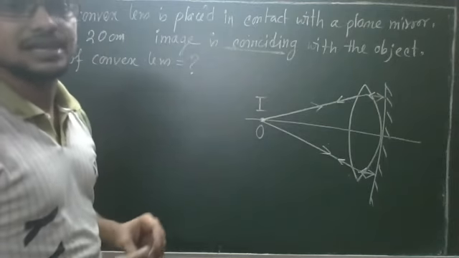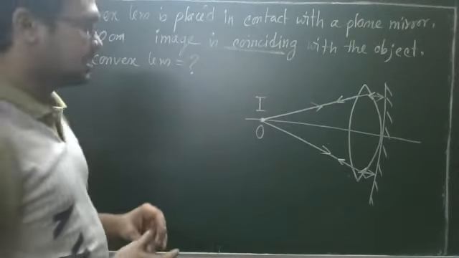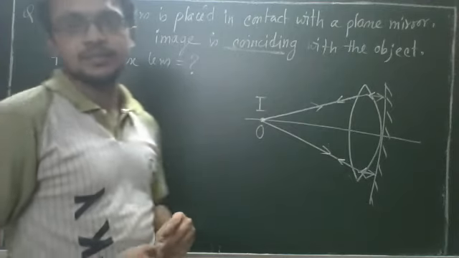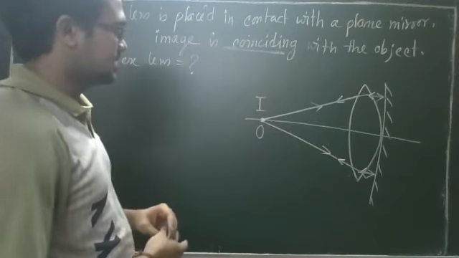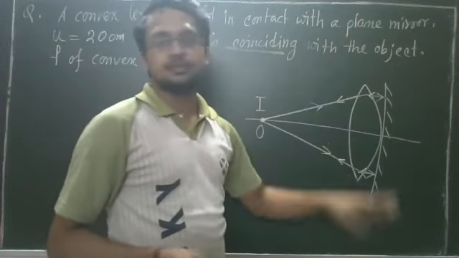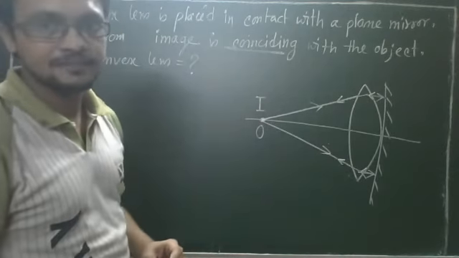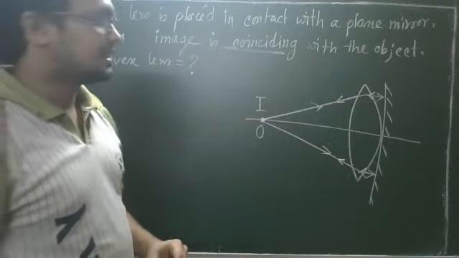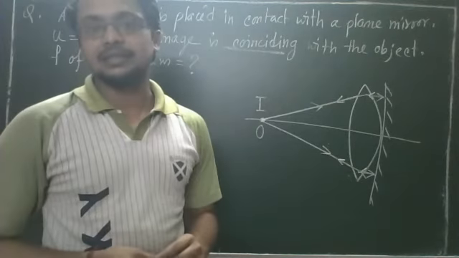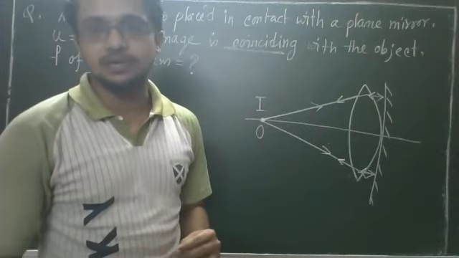So in which case do we get this, that the refracted rays are parallel to the principal axis? Can you tell? You will get this in a particular case, that is when the rays are coming from focus.